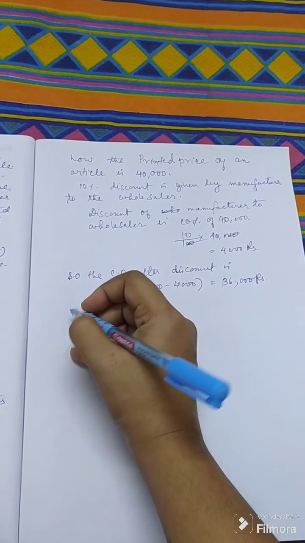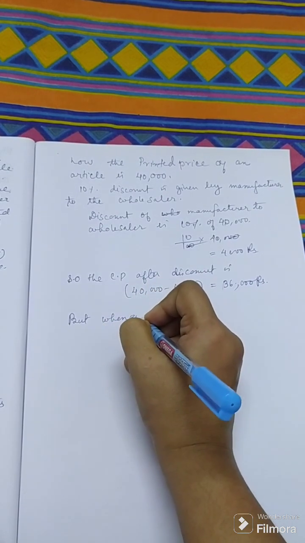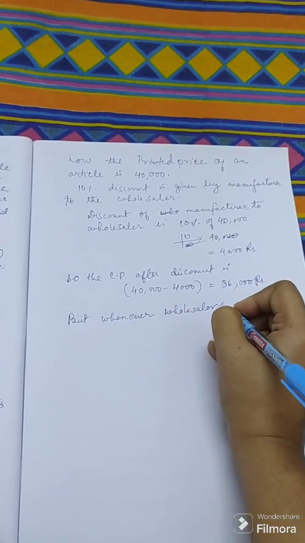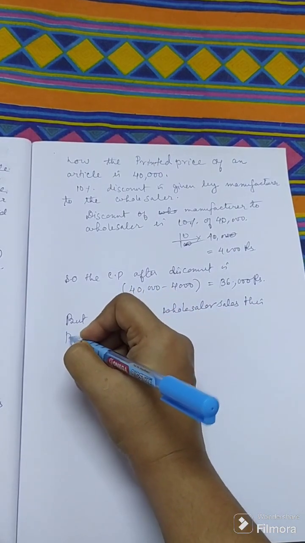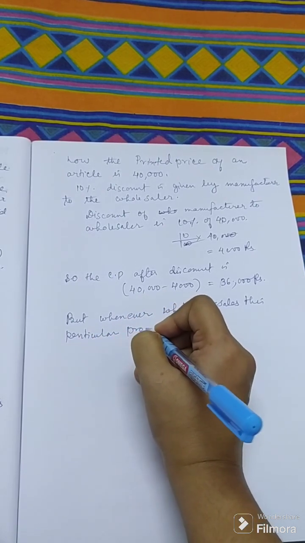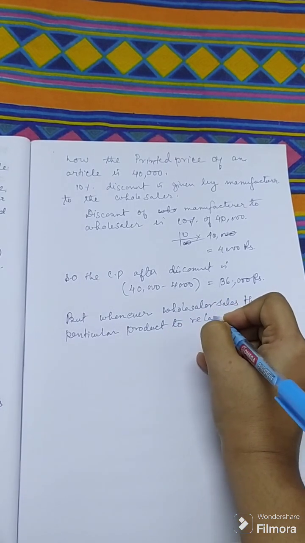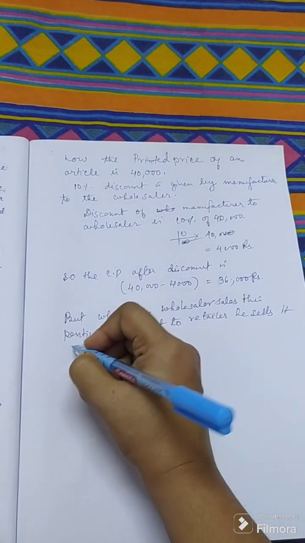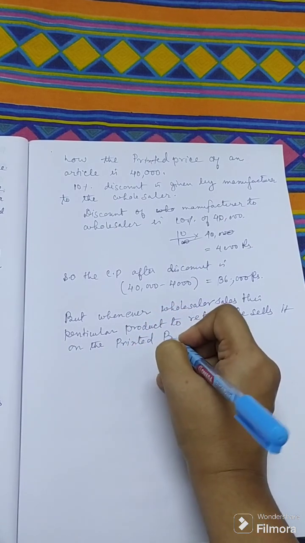Okay, but as per the question, whenever the wholesaler sells this particular product to the retailer, he sells it at the printed price.